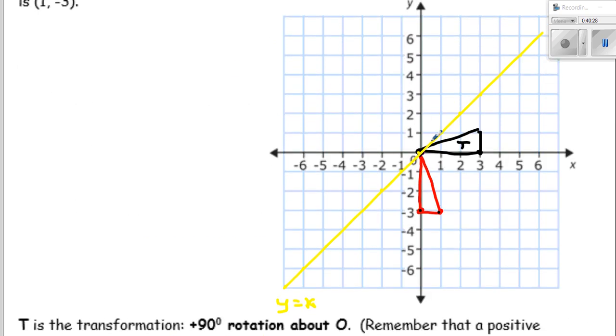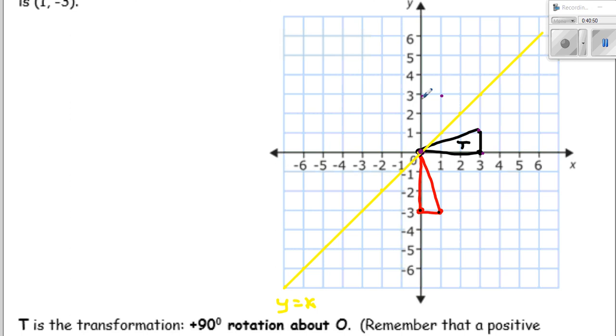Easy to do. Notice that this point on the black triangle is actually on the mirror line, so it's just going to be there again. This little point, if you reflect it across the yellow line, you'll get that. This little point, if you reflect it across the mirror line, you'll end up here.